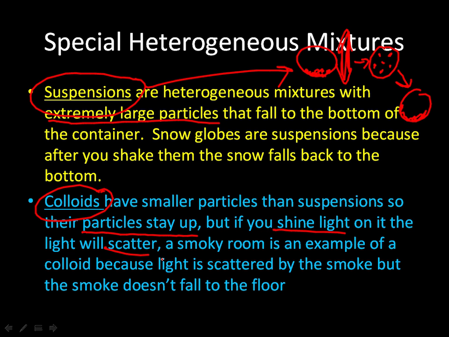If you've ever been in a smoky room and shined a light in there, you could see the main beam of light, and then there's little dimmer beams of light coming off your main beam of light. That's what I mean by light scattering due to a colloid. A smoky room is a colloid. That smoke stays suspended in the air of the room. It does not fall to the bottom, and when you shine a light there, the light scatters.